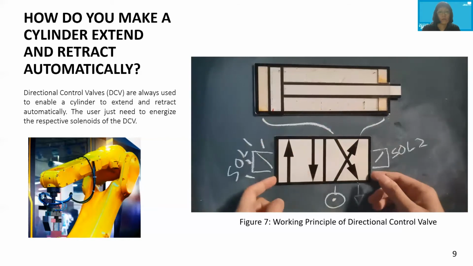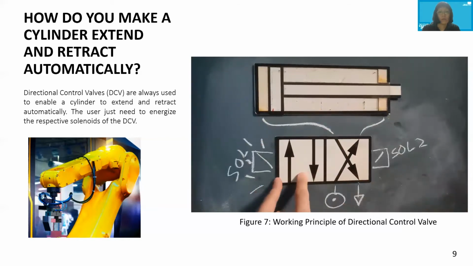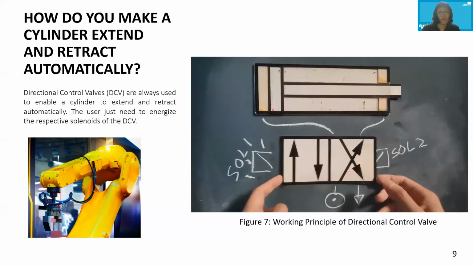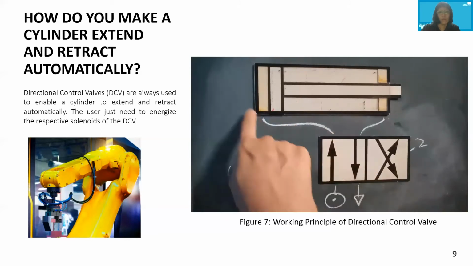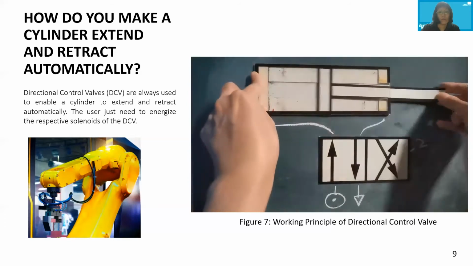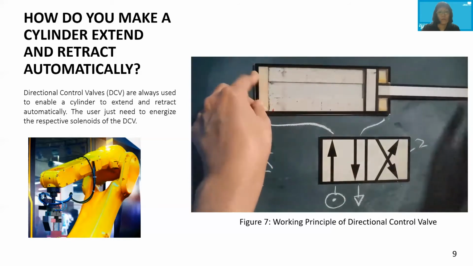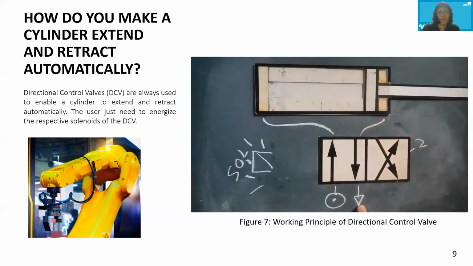So this DCV will switch, because you will activate this box, because this box is closest to solenoid 1 and you have energized solenoid 1. So it will switch to here, and you can visualize that the air supply will pump in the air to the ball side of the cylinder, making the cylinder extend. And the air will then come out from the rod side to the exhaust.